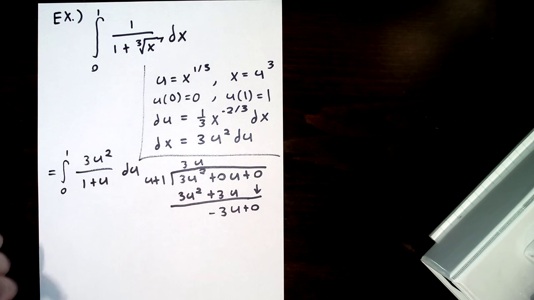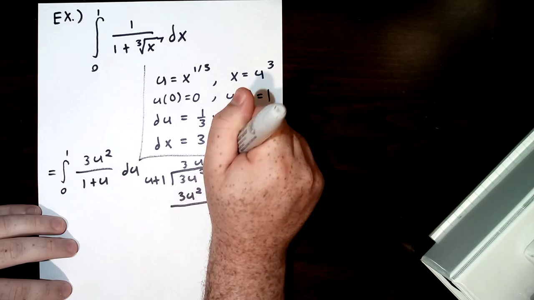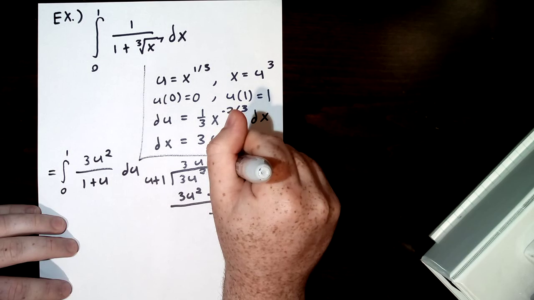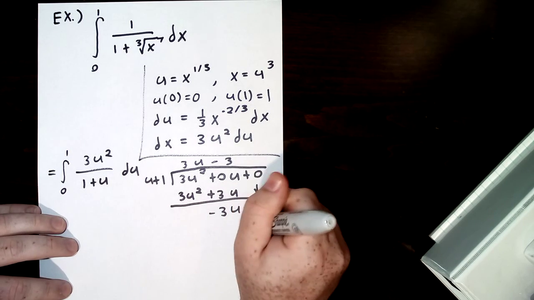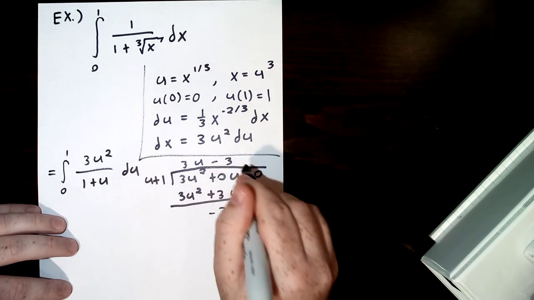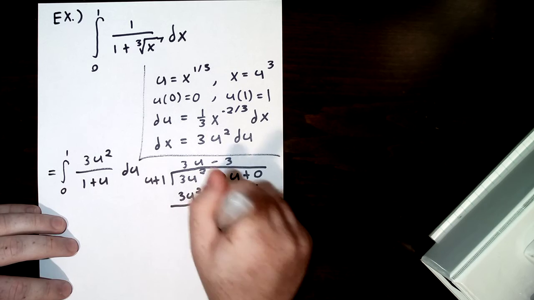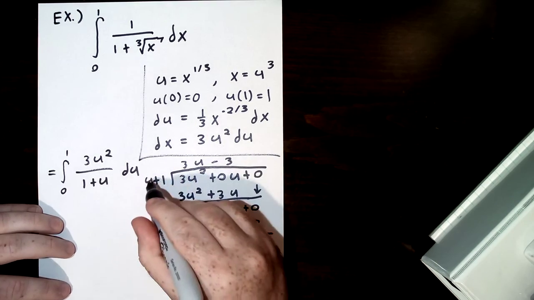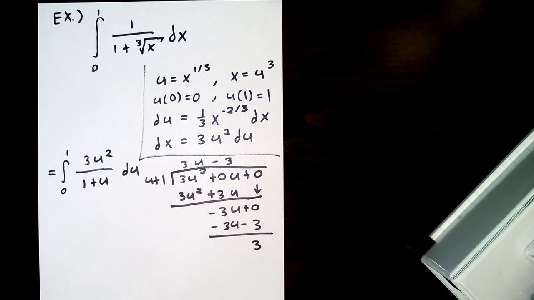Well, that's going to be negative 3 times. And then negative 3 times 1 is negative 3, and negative 3 times u is negative 3u. Subtracting that, we obtain 3. And u going into 3 cannot be done. So we've done all the work that we needed to do.